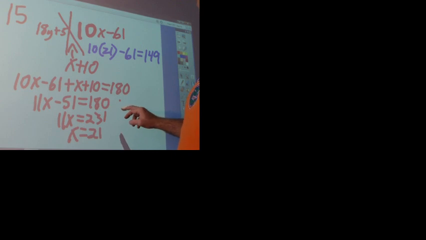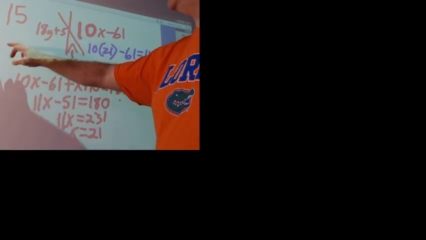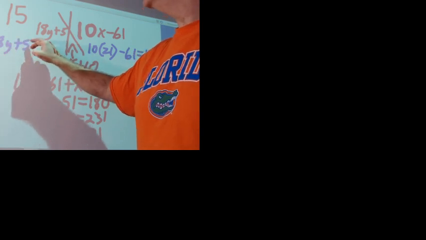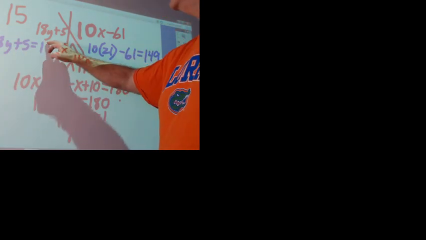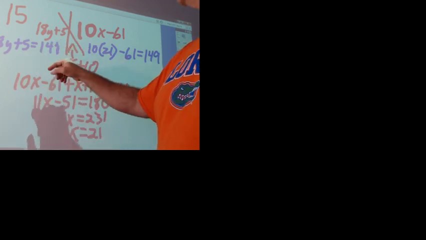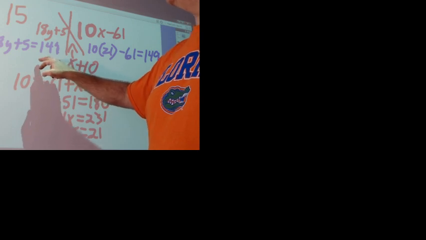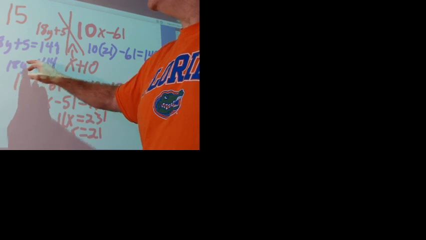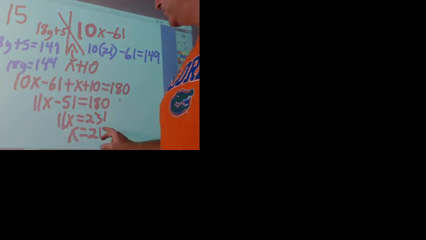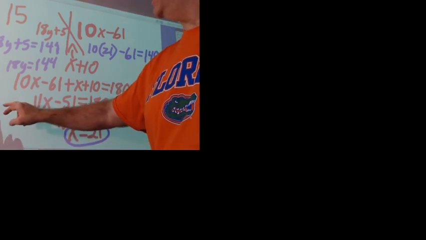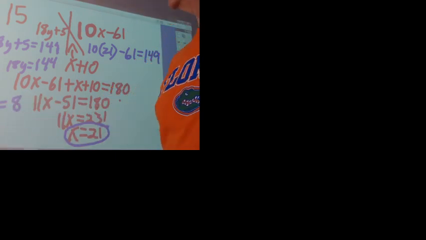So I can set it up to where 18y plus 5 equals 149. Then I'm going to subtract 5, that's going to give me 144 equals 18y. Divide by 18, and so x is 21 and y is 8. Those are the values of my x and my y.